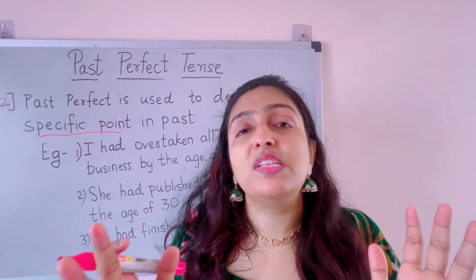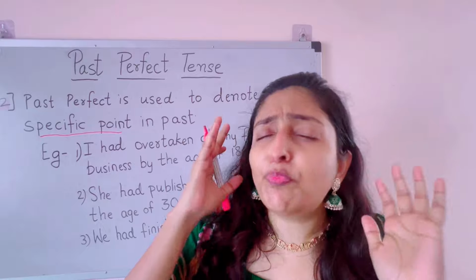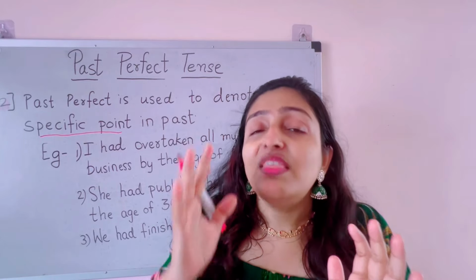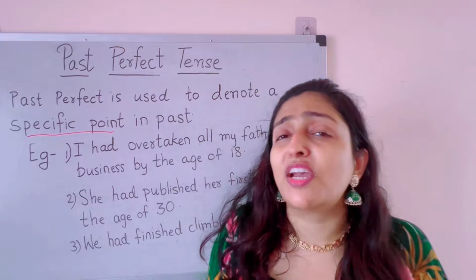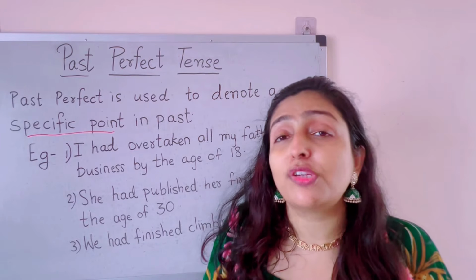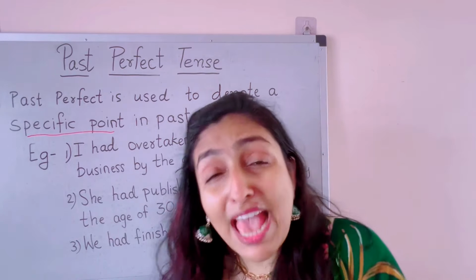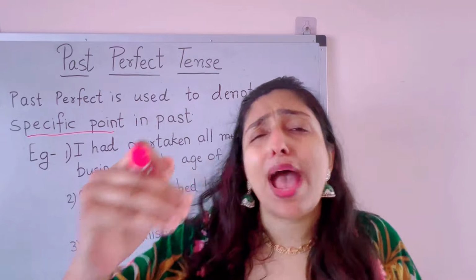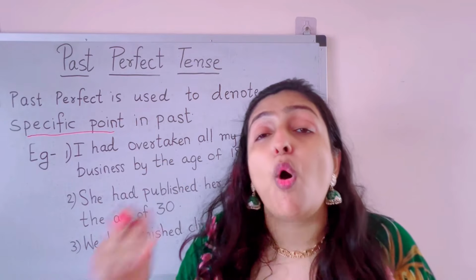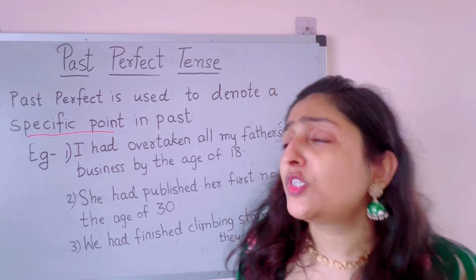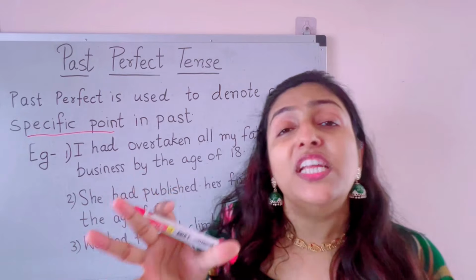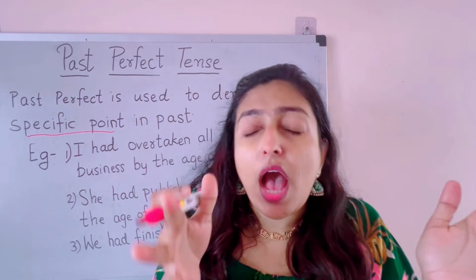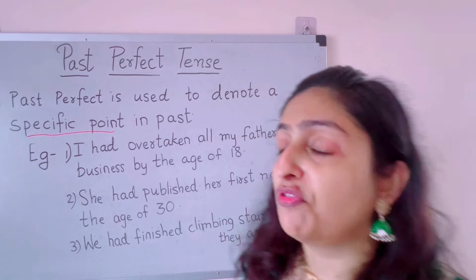Up to means the greatest amount or time or level that is granted or permitted or allowed. So the second rule says that the past perfect tense denotes the action up to a certain point of time.